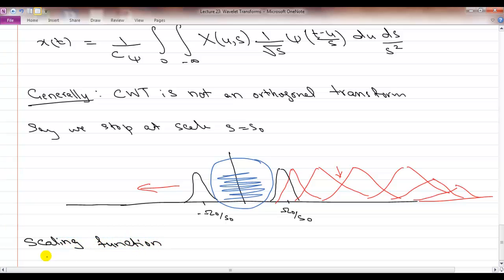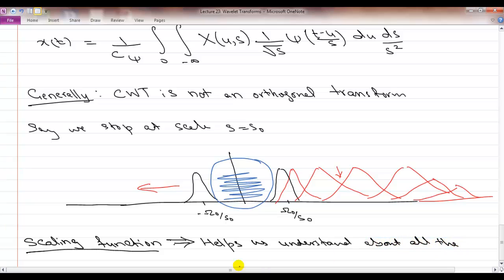The scaling function in wavelet analysis helps us understand all the low pass frequencies in the signal. Okay.